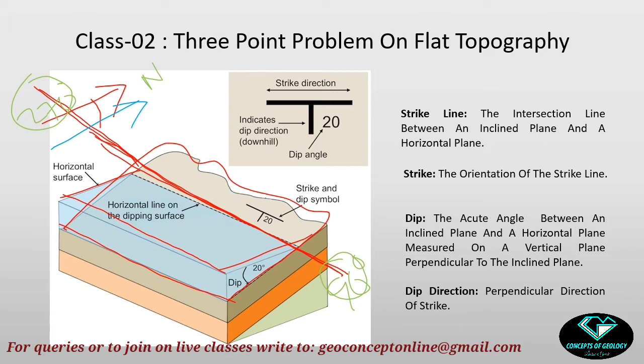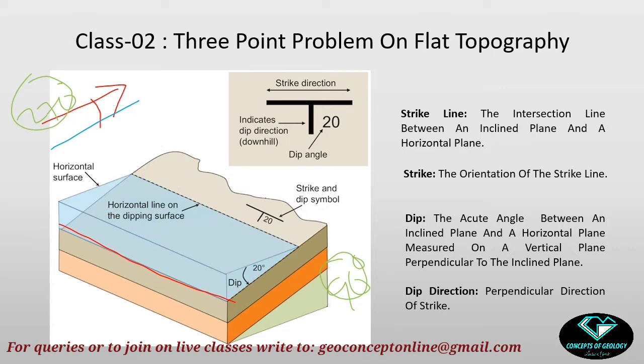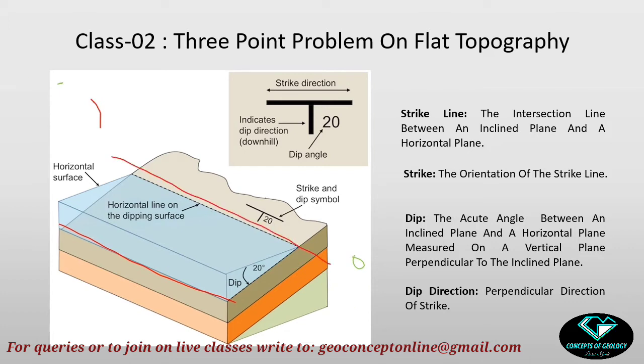Now what is a dip? Dip means the slope of the inclined plane. It is the acute angle between the inclined plane and the horizontal plane measured on a vertical plane perpendicular to the inclined plane. That means suppose this was my strike line, and the inclination of the bed is towards this direction.